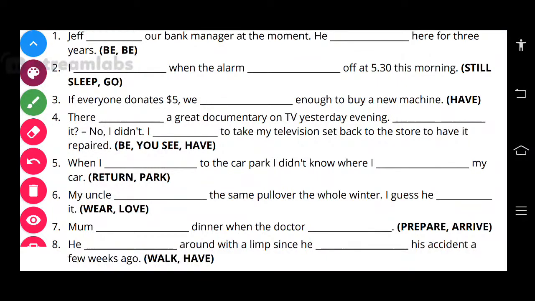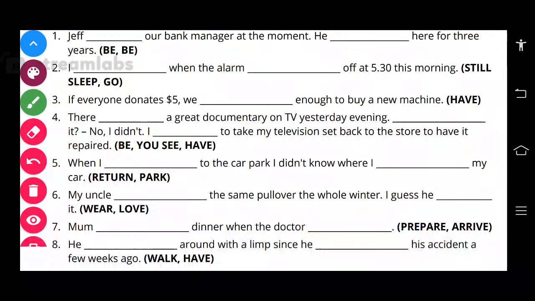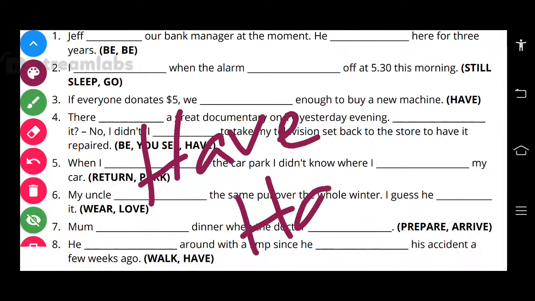If everyone donates $5, we dash enough money to buy a machine. So here we are going to have enough money to buy a machine. So they are talking about the present time or past time. They are talking about the time that they are being with them. So that is what we have to use, only present H forms. So what are the present H forms? We know that present H forms are have and has.